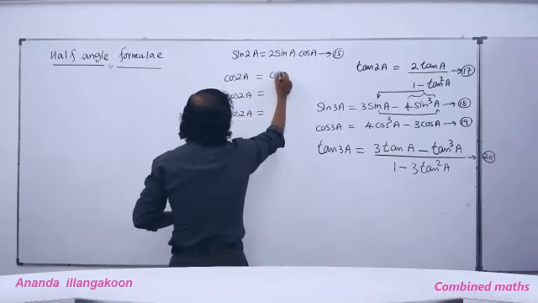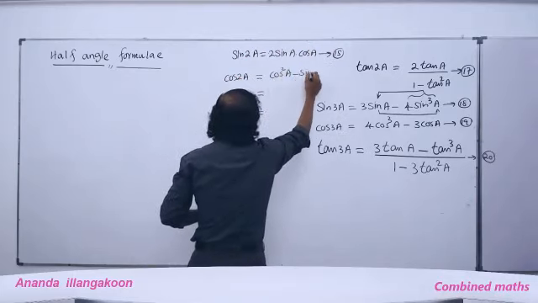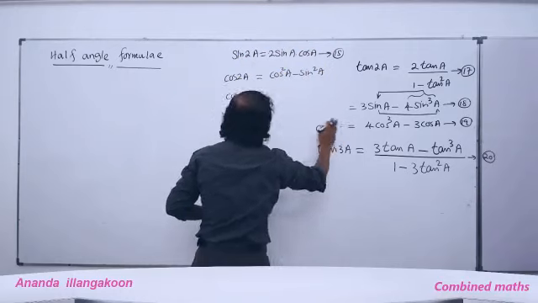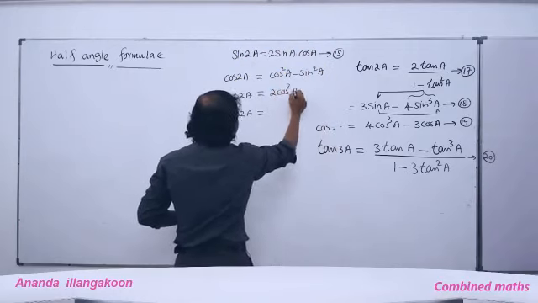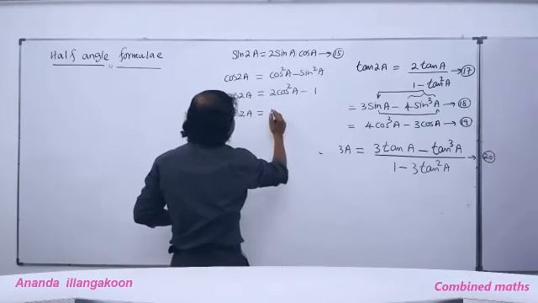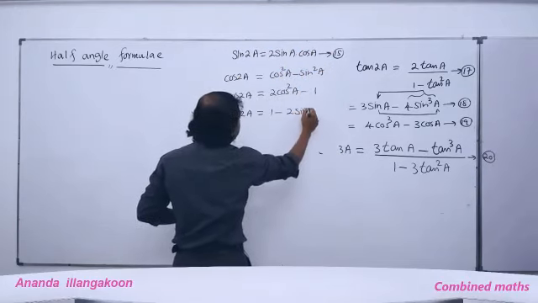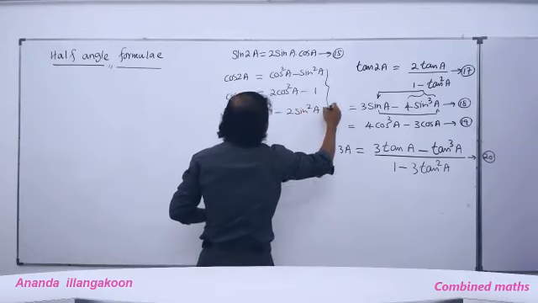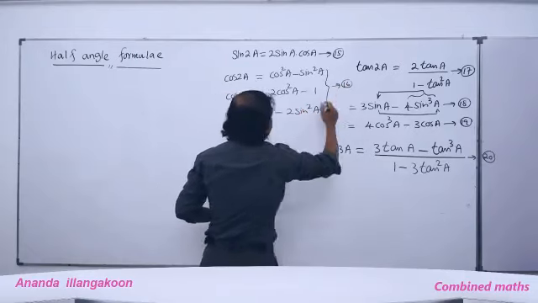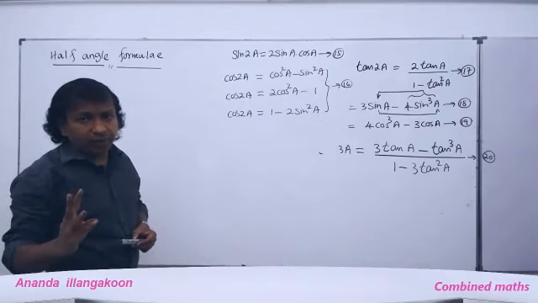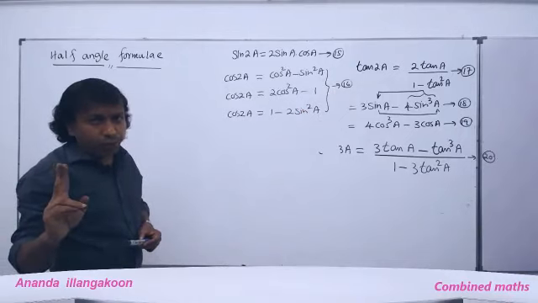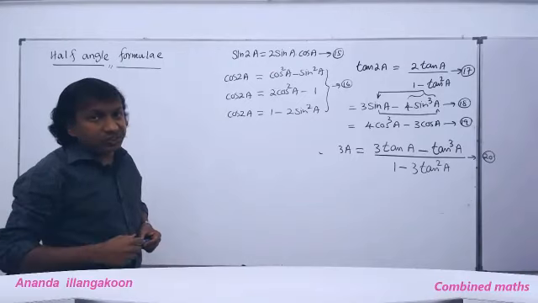This is cos squared a minus sin squared a, and 2 cos squared a minus 1, and 1 minus 2 sin squared a. This all three together is number 16. To take, people, half angle formulae, it's 21, 22, and 23. What we do is this.